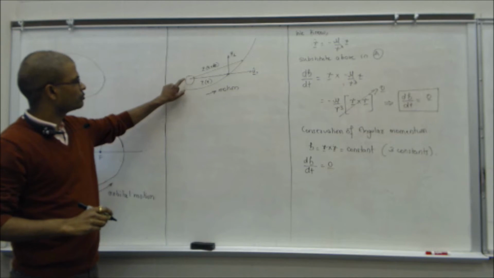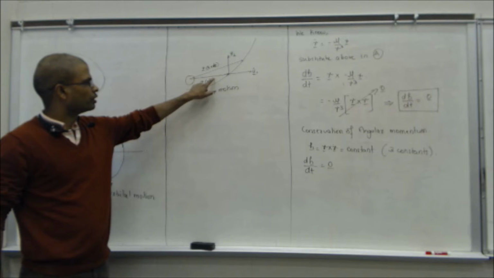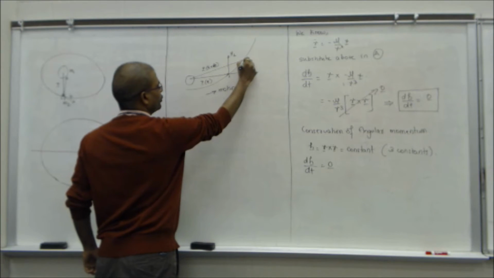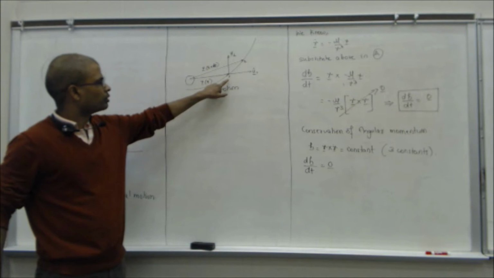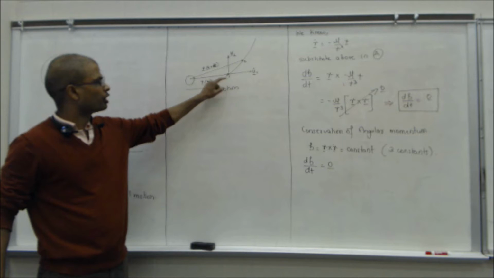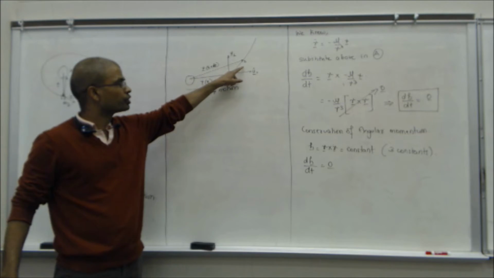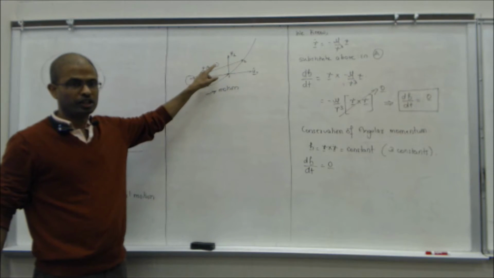This is the central body. This is the position of the orbiting body, 1 and 2. 1 is the position of the orbiting body at time t, okay? And 2 is the position of the orbiting body at t plus dt.